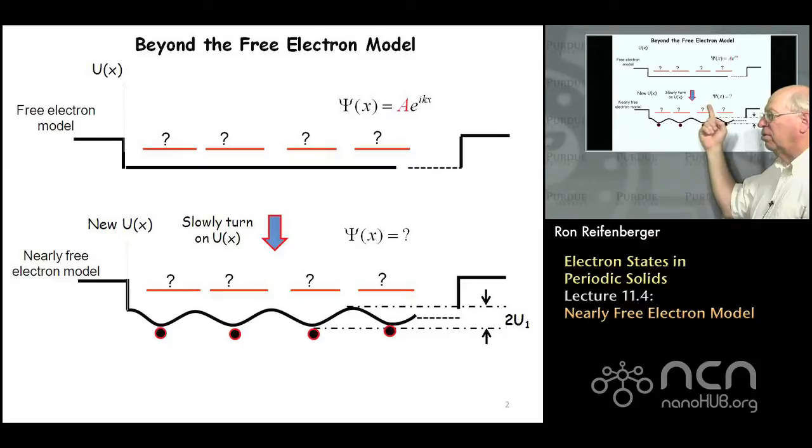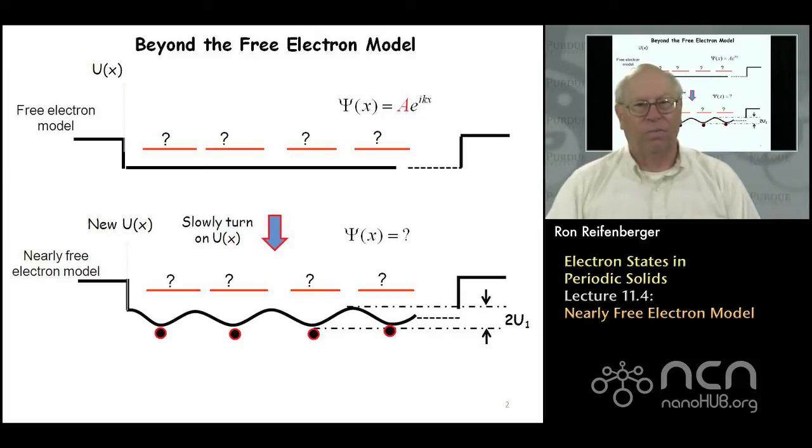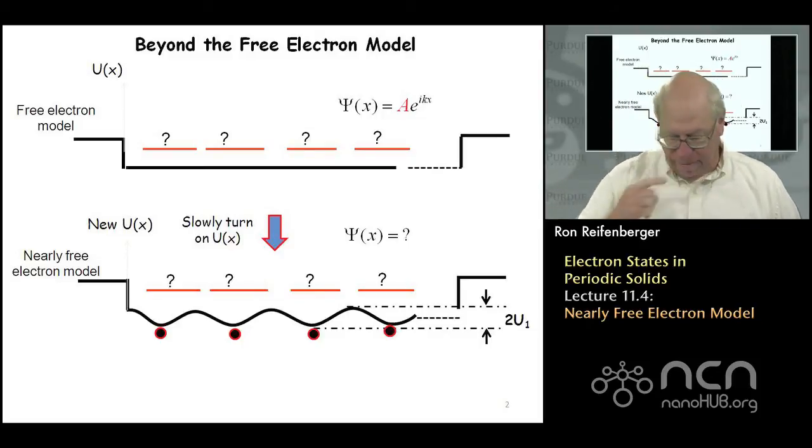In particular, we're really interested in what happens to the wave functions when you introduce this modulation, which is periodic in the lattice of the crystal. And we'll find out that some very interesting new results come about.